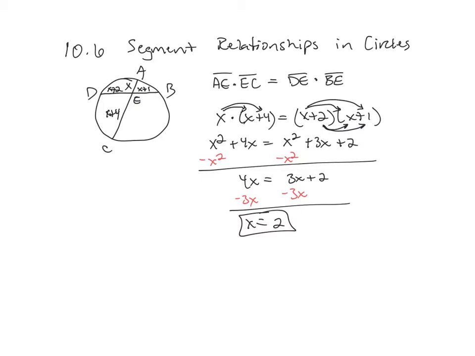To know if this is true or not, and this will come up on your test, if I had this picture and I plug in 2 for x, that makes that 2. And this bottom part, x plus 4, 2 plus 4 is 6. This one, 2 plus 2 is 4. And 2 plus 1 is 3.